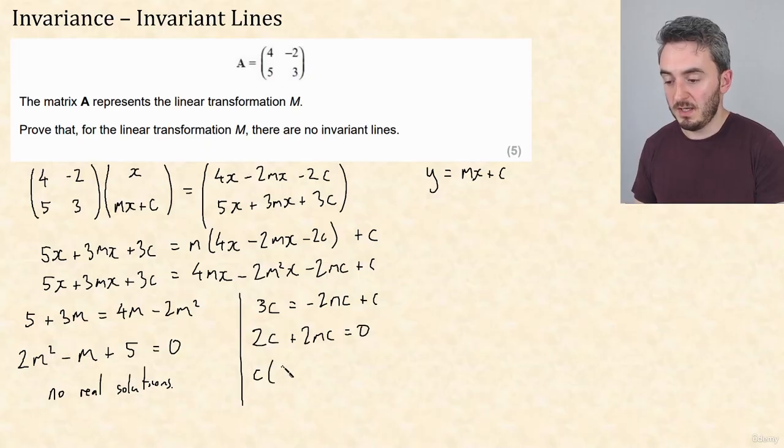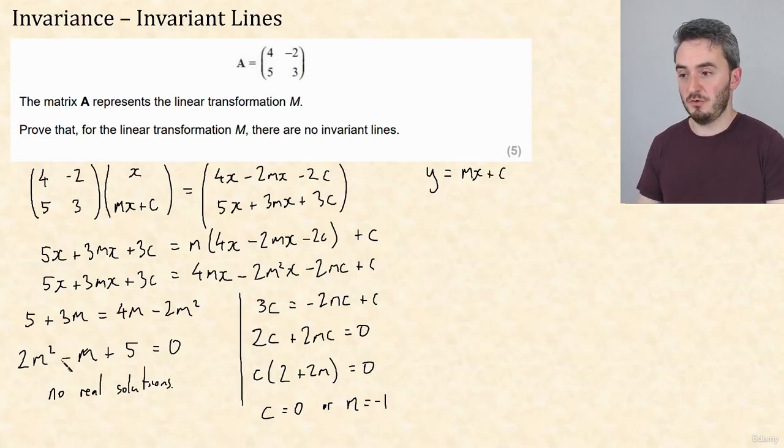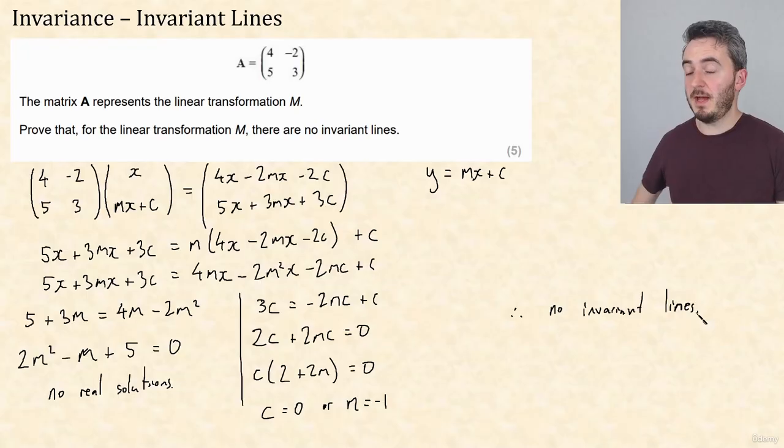Factorising out c, you get 2 times (1 plus m). So here you seem to get that c could equal 0 or m could equal minus 1. But the problem is we need this to be true and this to be true, and this is never true. So once we get no real solutions there, we can just say no invariant lines. And so that proves it.